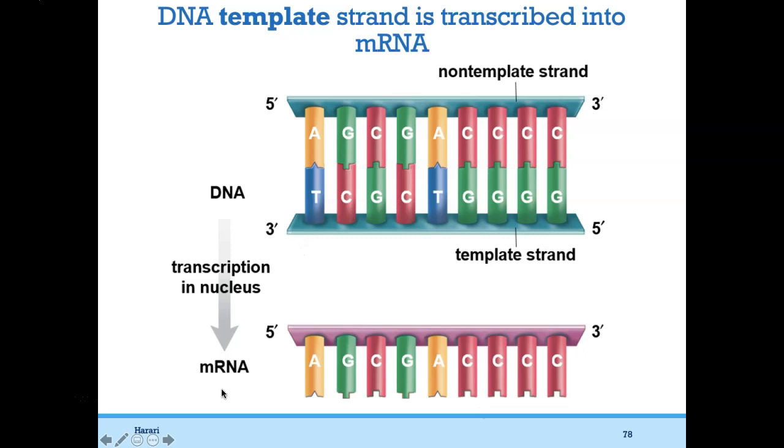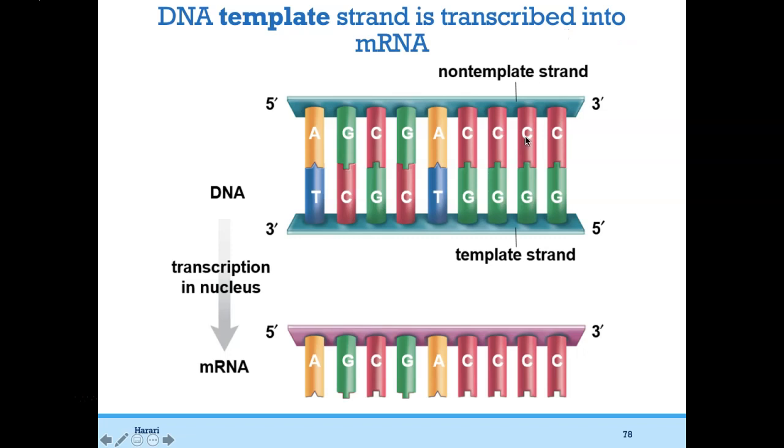But the mRNA transcript, right, is complementary to the template, just like the other DNA strand is. The other DNA strand is also complementary to the template. There's only going to be one difference between the mRNA transcript and the non-template strand of DNA. Can you think about what that is?